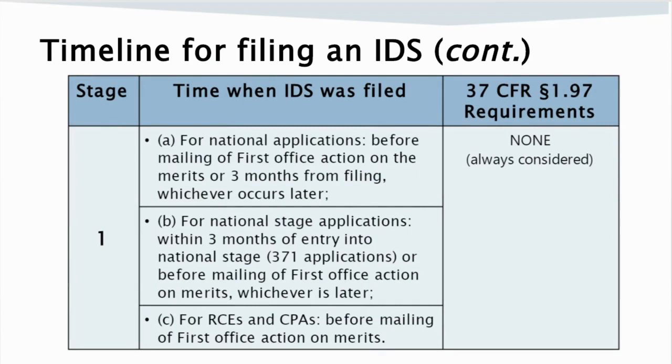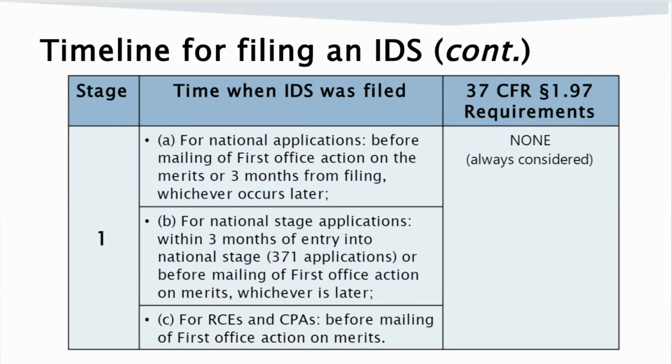In greater detail, Stage 1 comprises: A. National applications within 3 months of filing, or before the mailing of a first office action on the merits, whichever is later. B. International applications within 3 months of the date of entry of the national stage as set forth in 37 CFR 1.491, or before the mailing of a first office action on the merits in the national stage application, whichever is later.